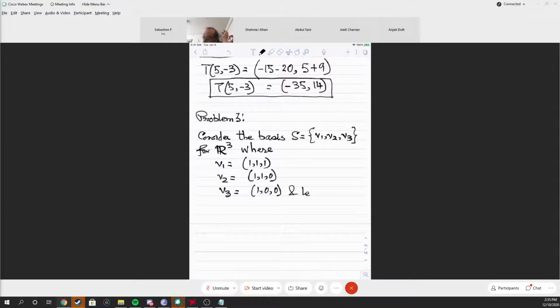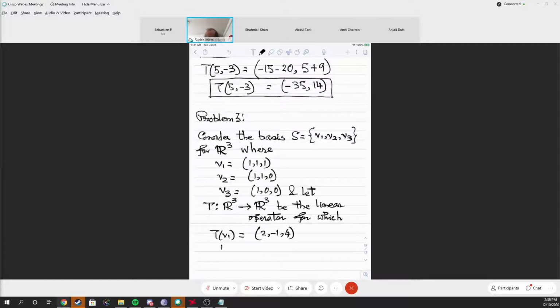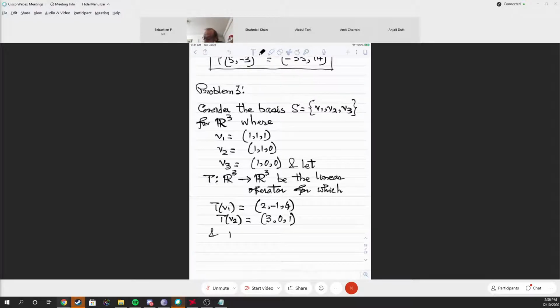And let T from R3 to R3 be the linear operator for which T of V1 is 2, minus 1, 4. T of V2 is 3, 0, 1, and T of V3 is minus 1, 5, 1.